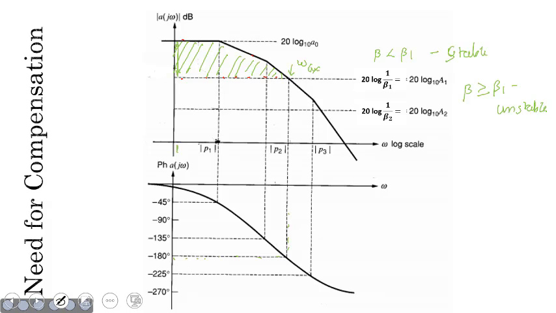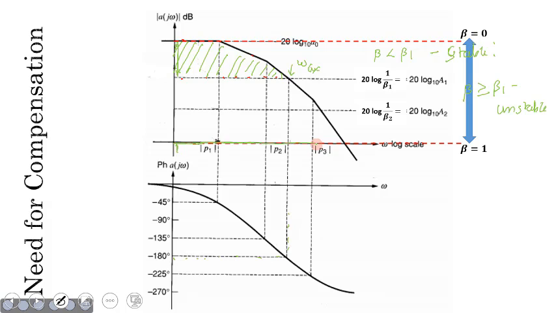So what is the worst case value that we can have for beta? Let me try to plot the range of beta that we can have. For beta equals 0, we have an open loop system, but as we increase the value of beta from 0 all the way to 1, our closed loop magnitude plot is plotted across the 0 dB line.